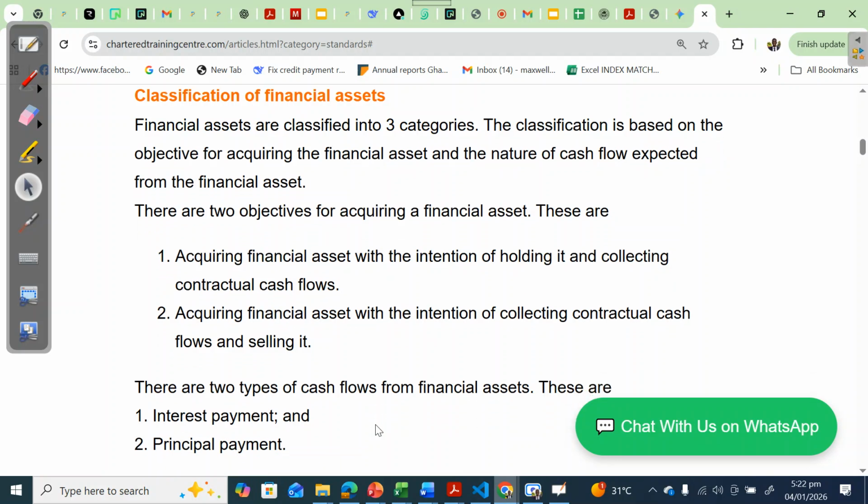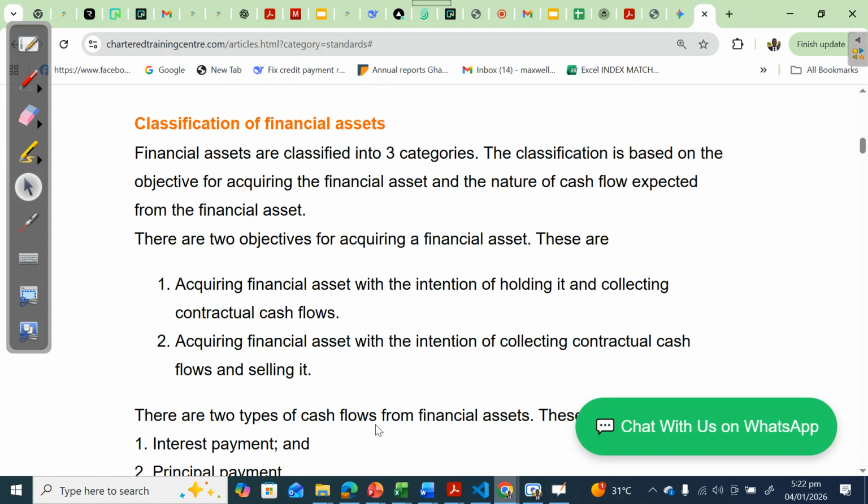There are two main reasons for acquiring financial assets. The first reason is that you can decide to acquire a financial asset just to earn some interest on it, like maybe you purchase a government bond.